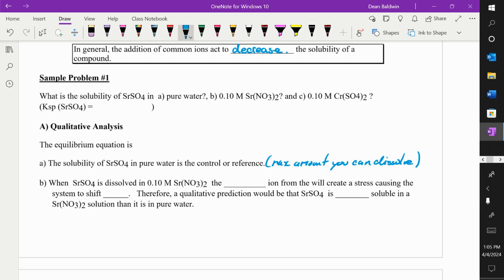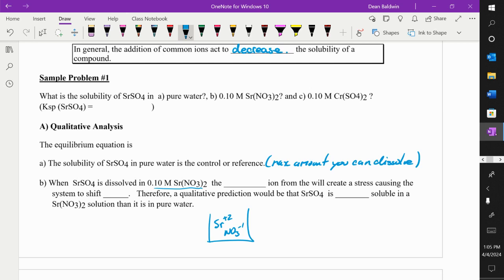Then I go, okay, let's dissolve the strontium sulfate in 0.1 molar strontium nitrate. Okay. Well, you have a beaker with strontium nitrate in it, right?